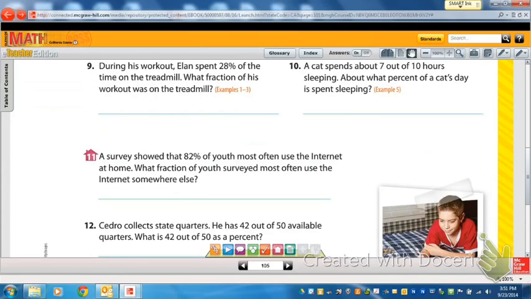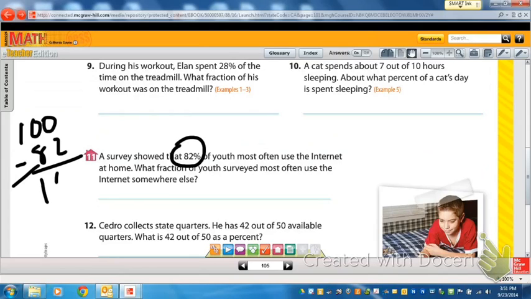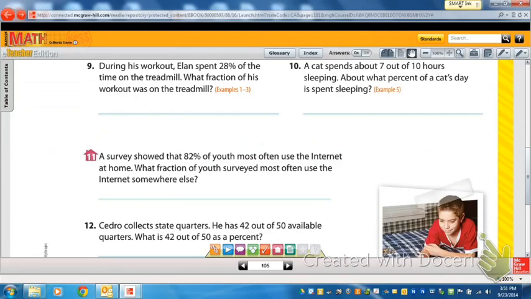So it's always out of 100%. 82% use the internet at home. So 100 minus 82 equals 16. So 16 people use it somewhere else. So now we're going to change that to a fraction. 16 out of 100. And then we reduce.